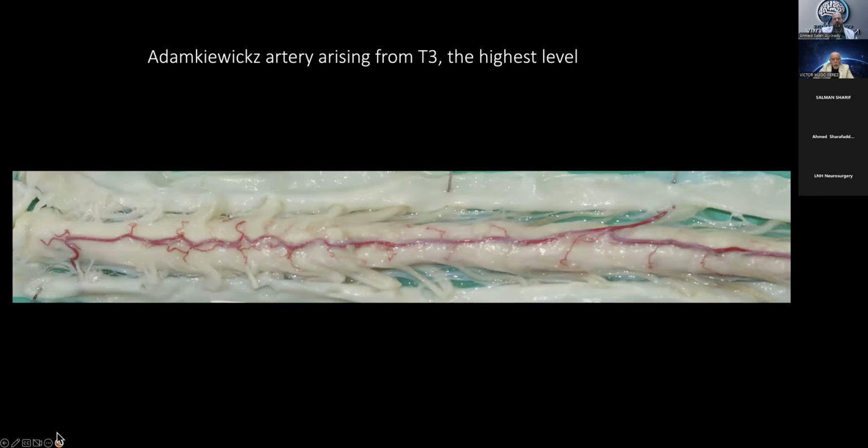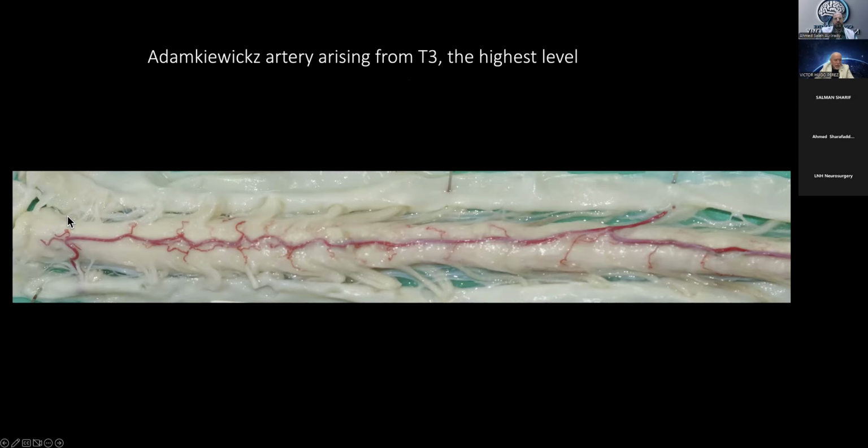So I'm going to show you some variants. For example, in this case, the Adamkiewicz artery didn't arise from the lower thoracic region. It arises in the thoracic region, but at the highest level. It is coming from T3.